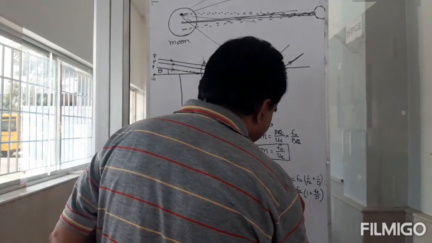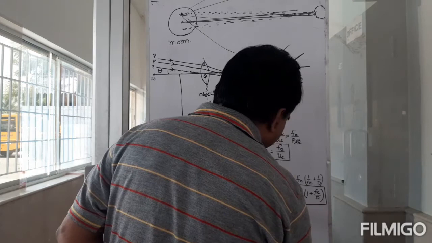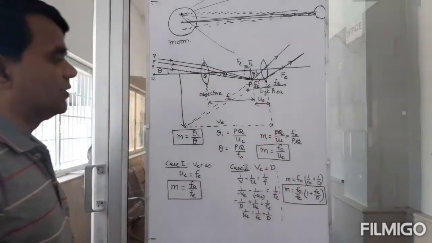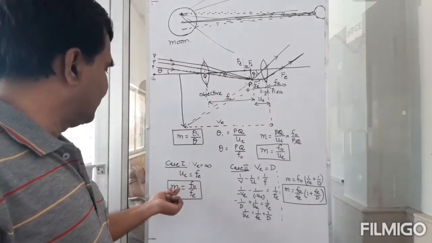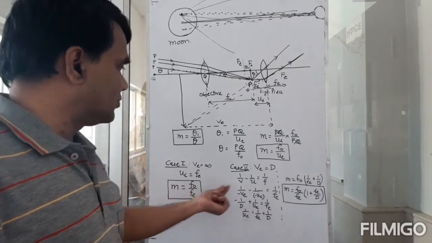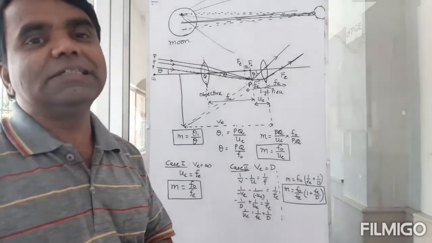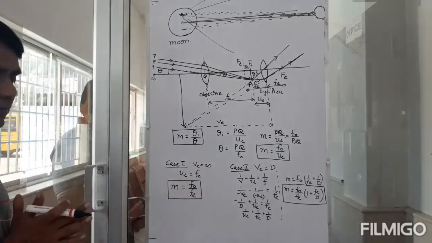So this would be the magnification for this. So the magnification of the telescope will vary from F0 by FE to F0 by FE into 1 plus FE by D. Okay, so this is what it is.